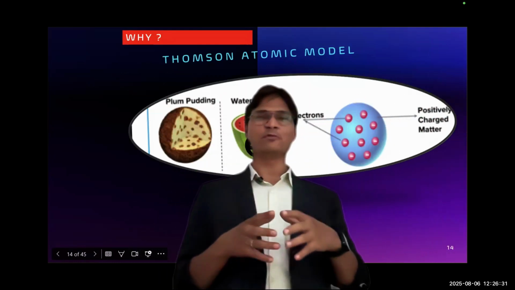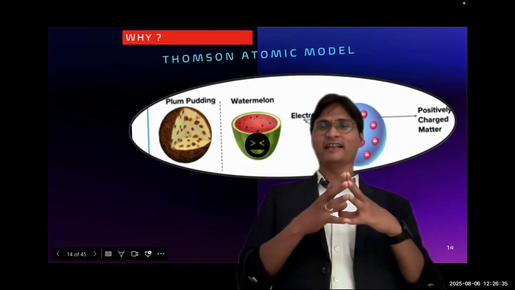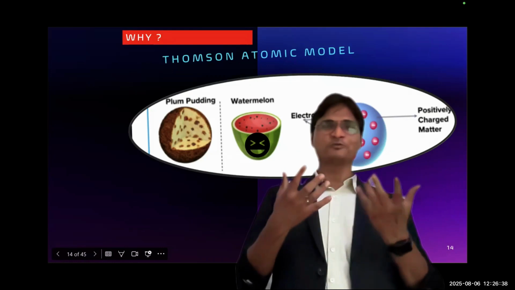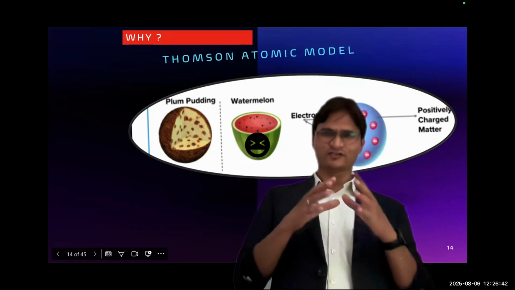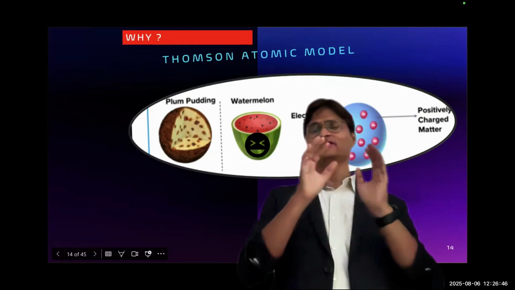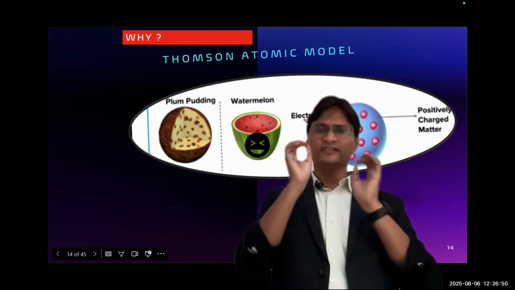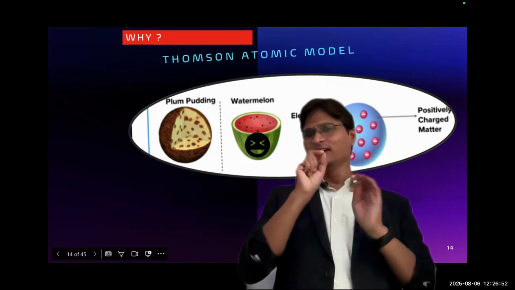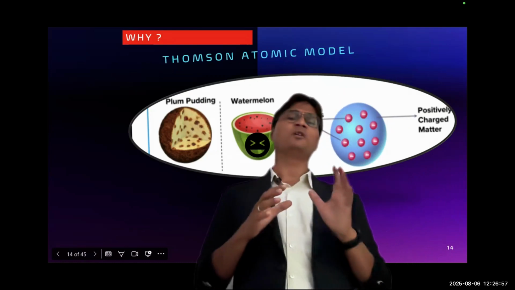This is the plum pudding model, because electron was coming out of the atom, and Thomson must have thought about plum pudding or watermelon kind of things. If you take a watermelon, the red part he considered a continuous positive charge, and the seeds are embedded inside that red part.